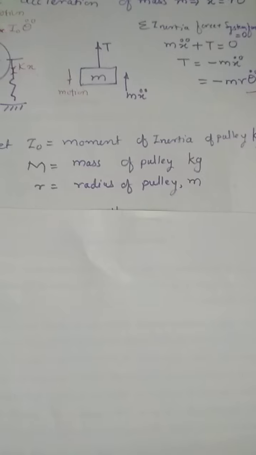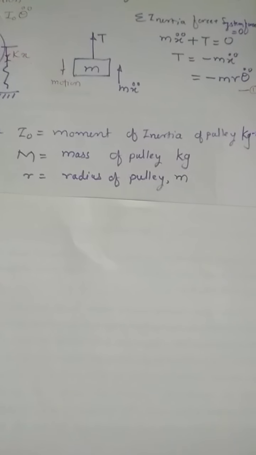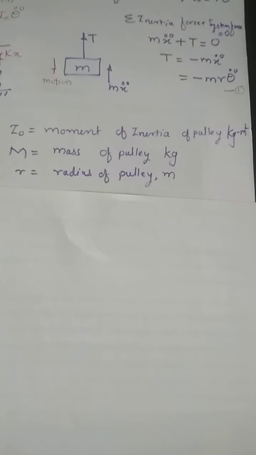After the motion analysis of the corresponding mass, we will go for the capital M motion analysis. In capital M, meaning the pulley, we will assume I_O, the moment of inertia of the pulley, having a unit of kg meter square. Then capital M is the mass of the pulley in kilogram, and small r is the radius of the pulley, which will be in meter.